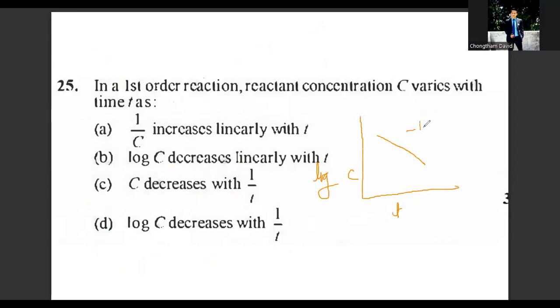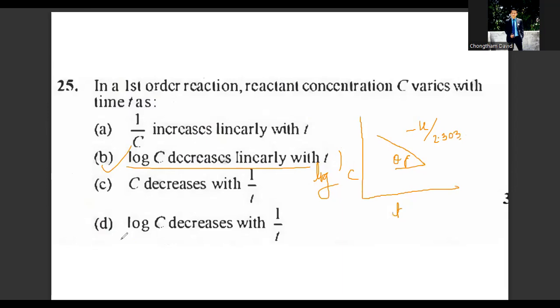The slope is negative. Log C is on the y-axis, so in a first order reaction, log C decreases linearly with t. So this must be the answer for question 25.